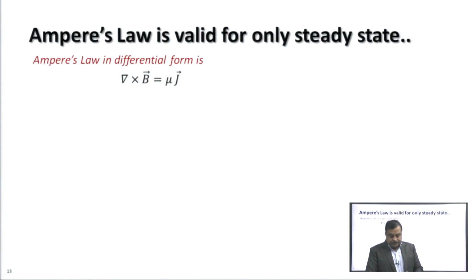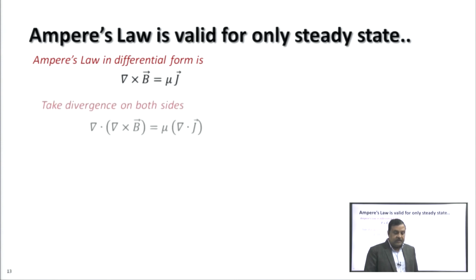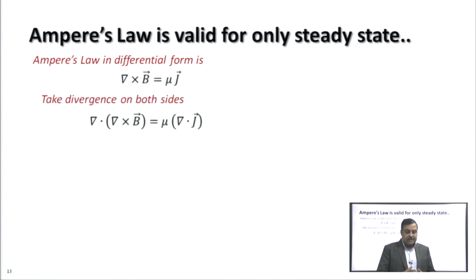So, Ampere's law is valid only for steady state. Let us see how. Ampere's law in differential form is written as del cross B equal to mu J. Let us take divergence on both sides.